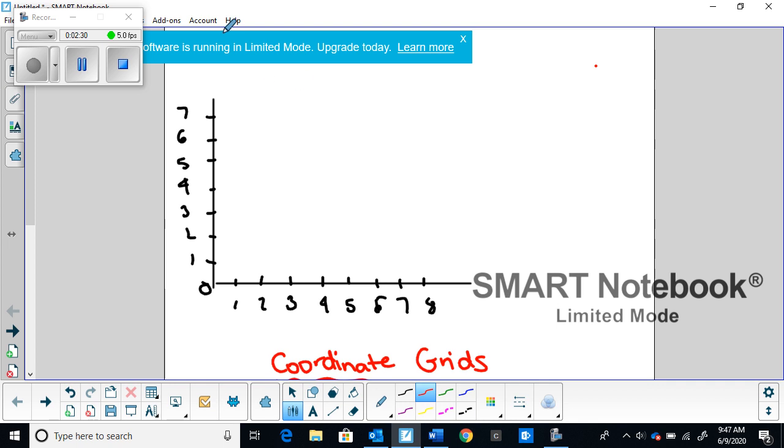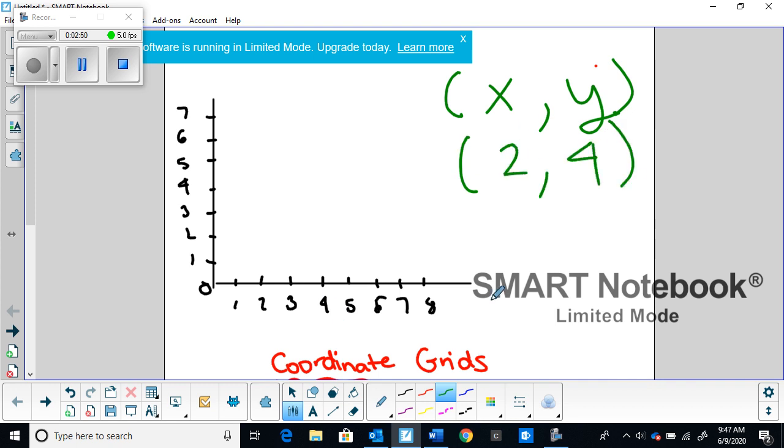Now if we go up to our simple one, and I want to graph a coordinate, coordinates come as points, so you're going to have brackets. The first number is the x value, and the second number is the y value. For example, if I have (2, 4), the 2 is the x value.